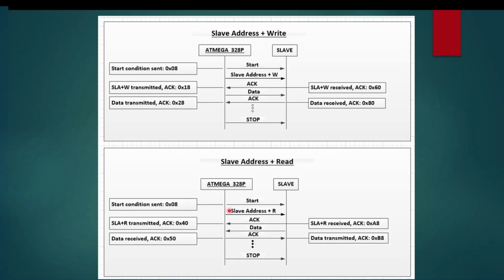The next thing it does is send the slave plus read command. After sending this command, it continues to monitor the status register. When the status register is 40, that means the slave plus read command was transmitted successfully and acknowledgement was received.